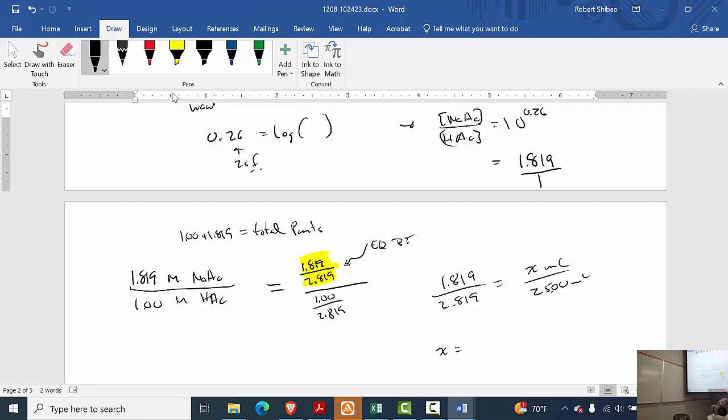In other words, X is just going to equal the fraction 1.819 over 2.819 times 25. And that's 16.131 milliliters.